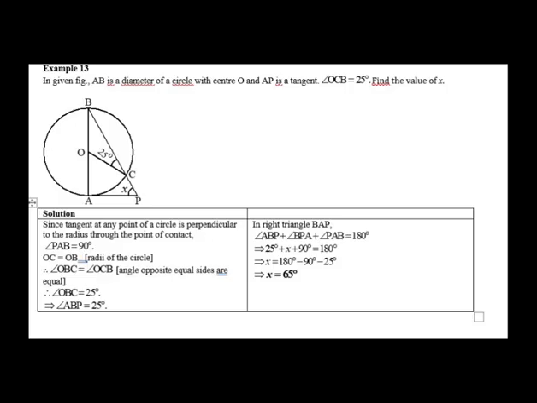In right triangle BAP, we have angle ABP plus angle BPA plus angle PAB is equal to 180 degree, which implies 25 degree plus x plus 90 degree is equal to 180 degree, which implies x is equal to 180 degree minus 90 degree minus 25 degree. Therefore, x is equal to 65 degree.